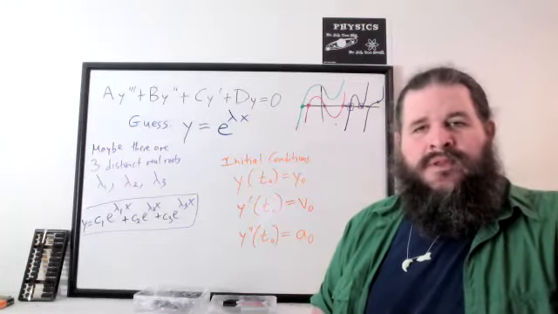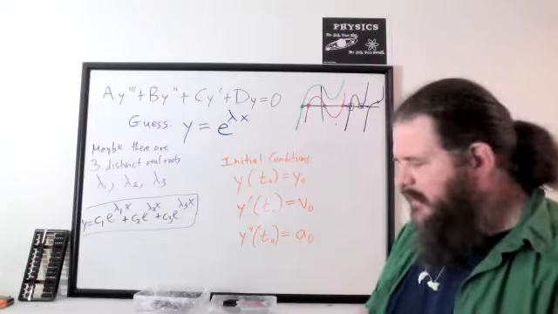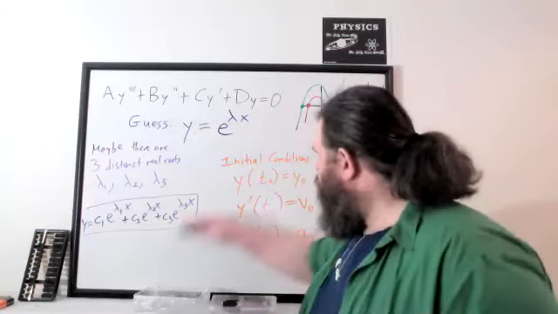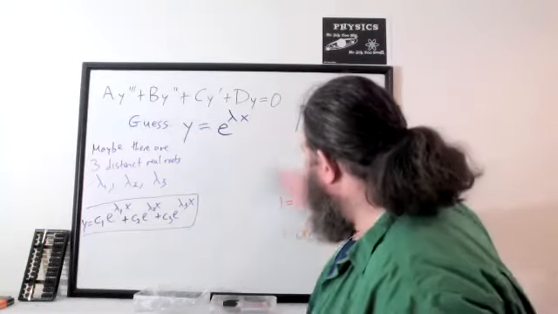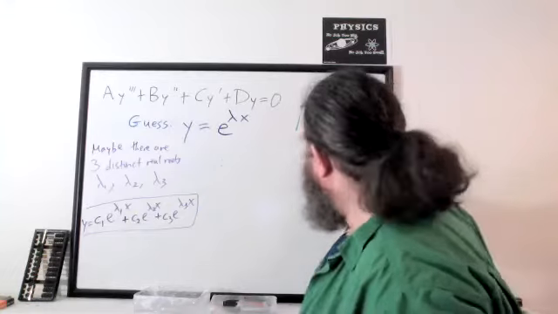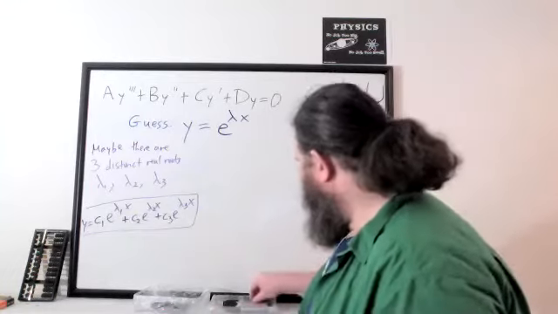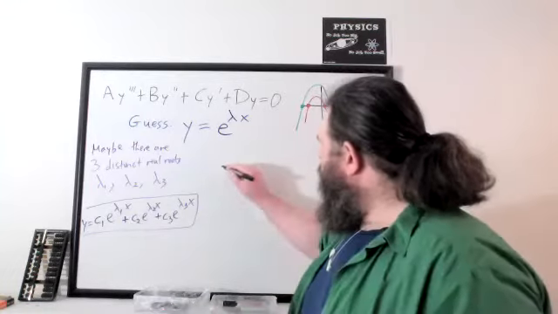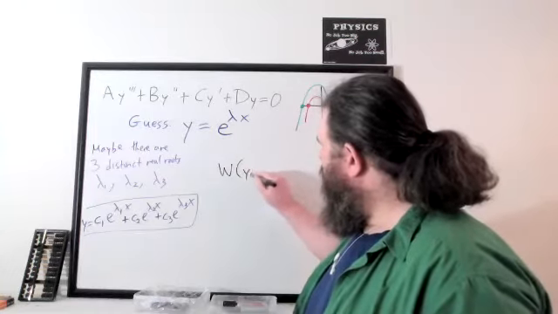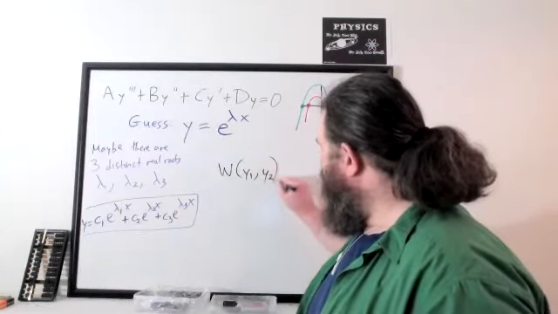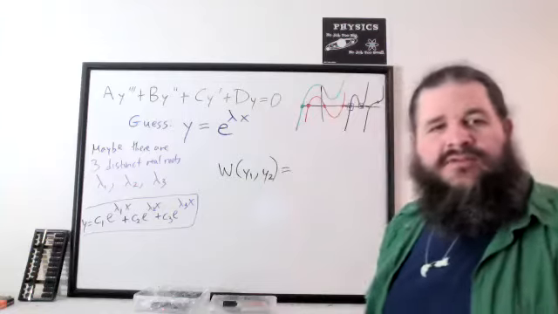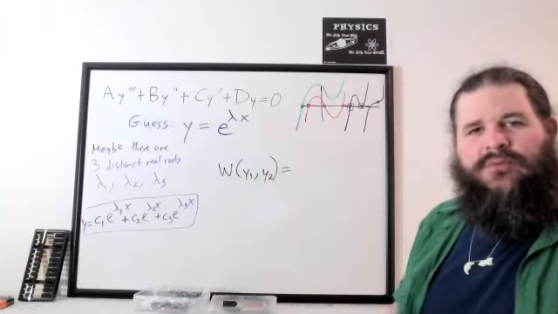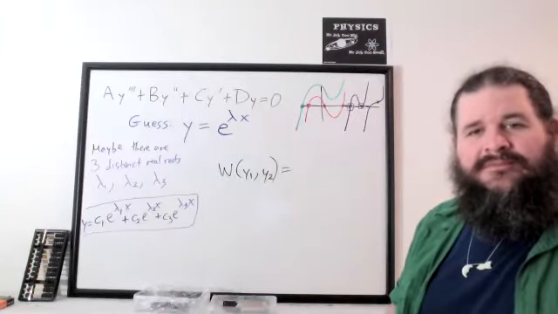Nope. We can also extend the idea of the Wronskian determinant for checking whether the solutions are independent. Because previously, for the Wronskian for two solutions, if you want to check if those are independent, how would you set up the Wronskian for just two functions?